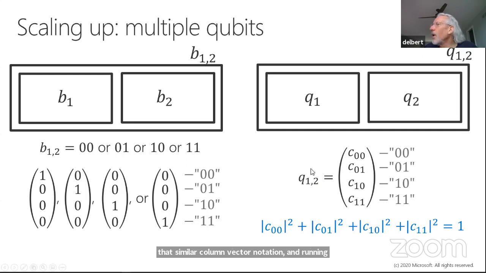And remember, when we're talking about these 2 qubits together, the sums of the squares of the absolute values of these complex numbers need to add to 1. So that's the constraint that comes along with quantum.